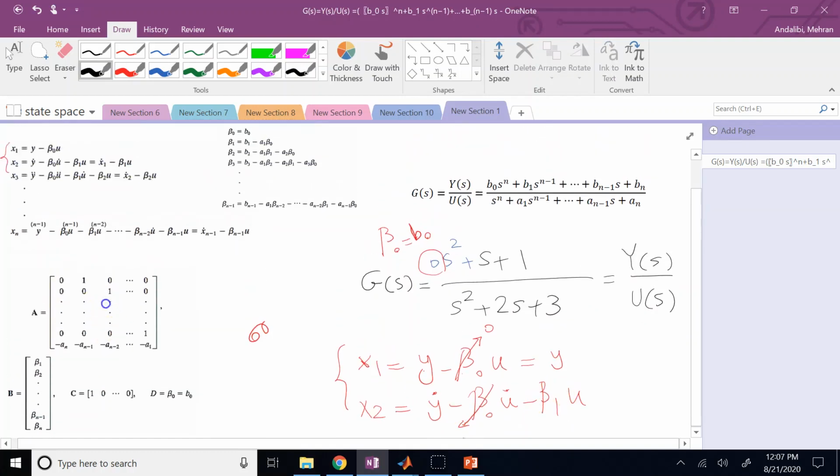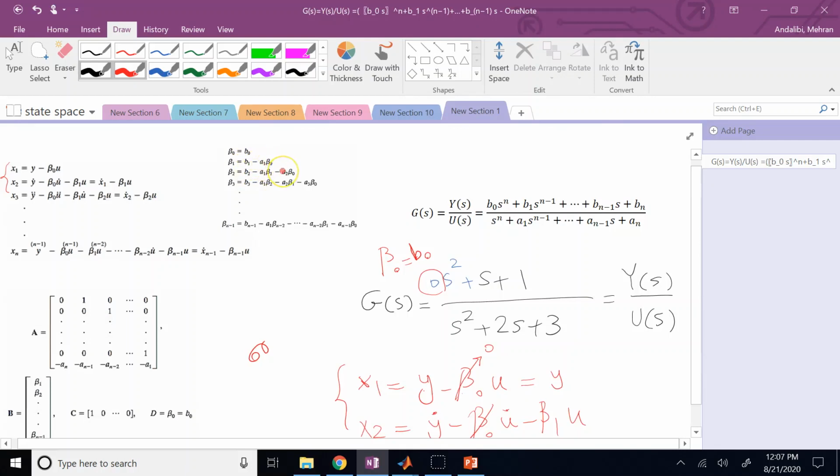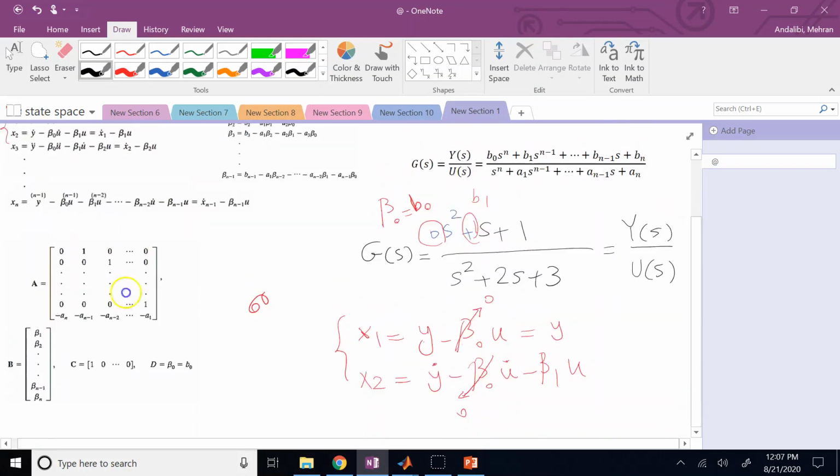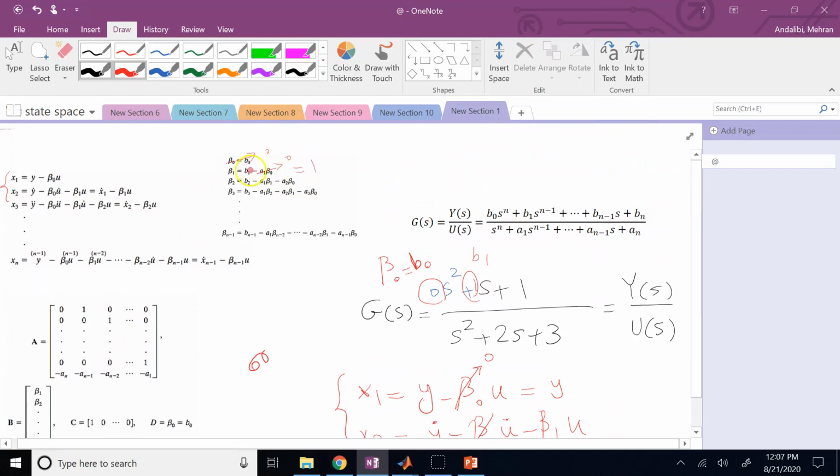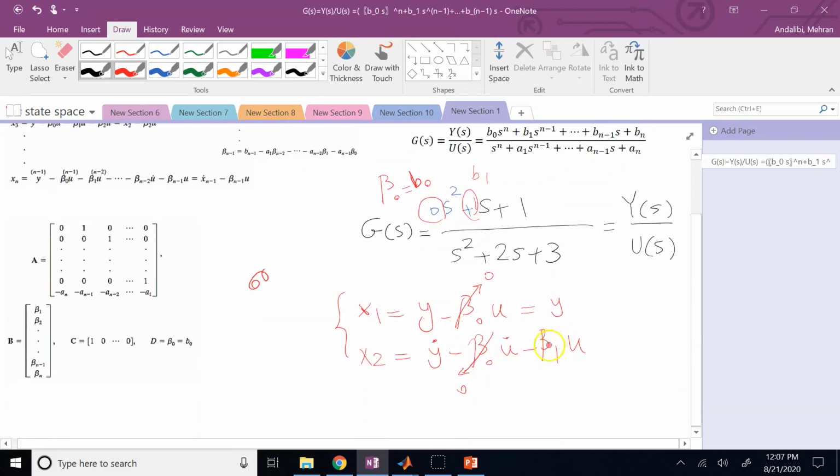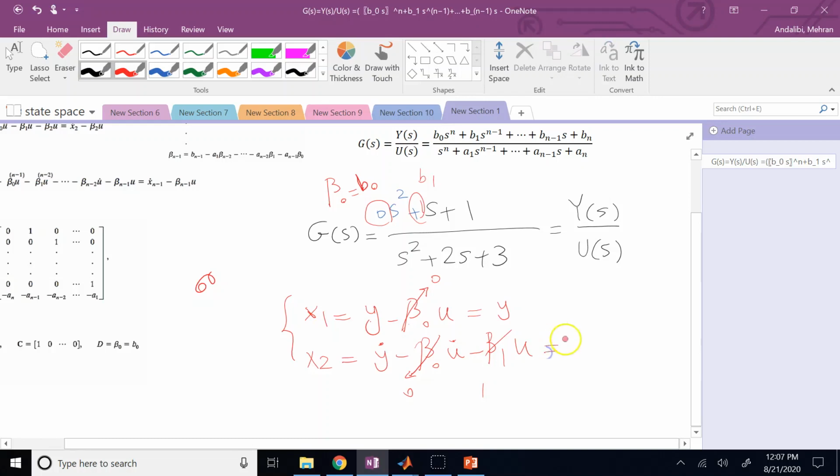Now beta 1 is b1 minus a1 beta naught. Since beta naught is already 0, that term is 0. But b1 is the second term, and the 1 here is your b1, so beta 1 is 1. So your second variable is y dot minus u. You're combining the input and the velocity together. So x1 is y, and x2 is y dot minus u.